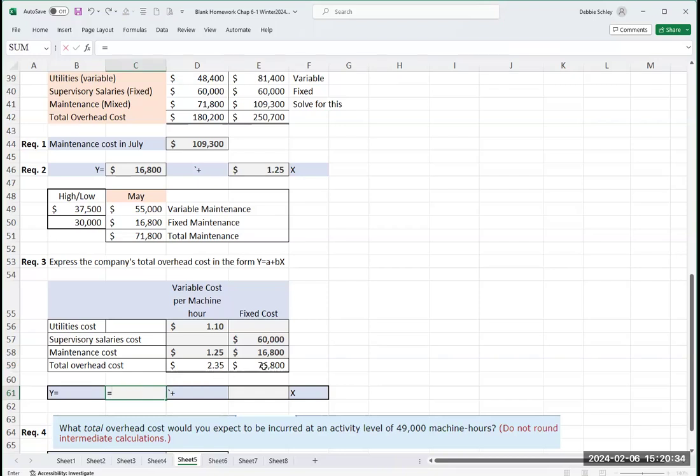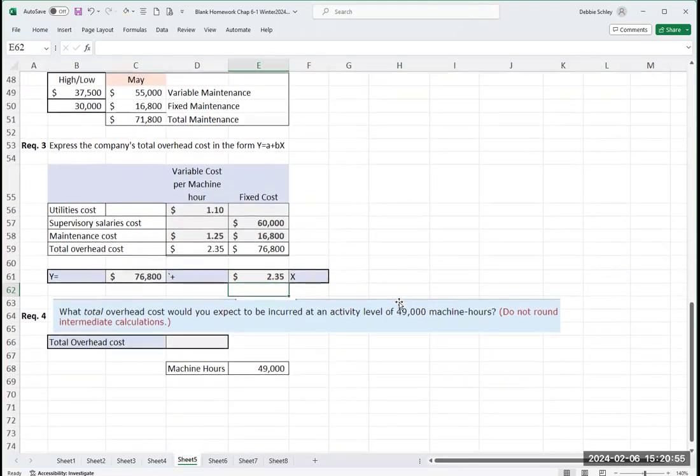So my fixed total overhead cost is going to be the sum of those, and then my per machine hour variable for total overhead is going to be that one. So it's simply taking those totals and putting them into the boxes there.